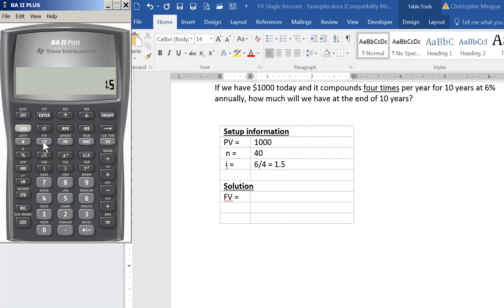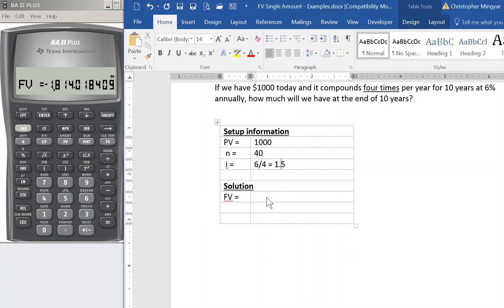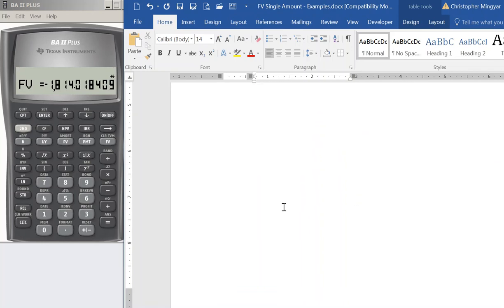Now we'll put that under I, and then compute for future value. 1814, which is a little bit more than we had even before when we were compounding 2 times per year. So let's do one more.